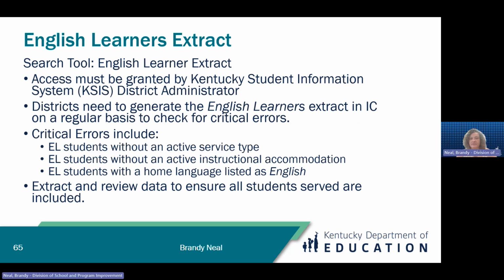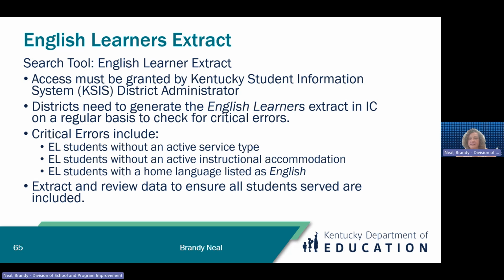The EL extract. Access must be granted by the Kentucky Student Information System District Administrator. Districts need to generate the English Learner extract in IC on a regular basis to check for critical errors. Critical errors most of the time include these three: EL students without an active service type, without an active instructional accommodation, or if the student is listed with a home language of English.